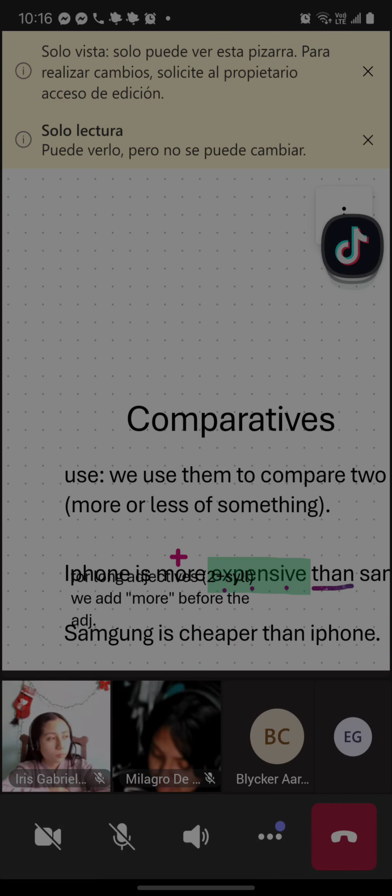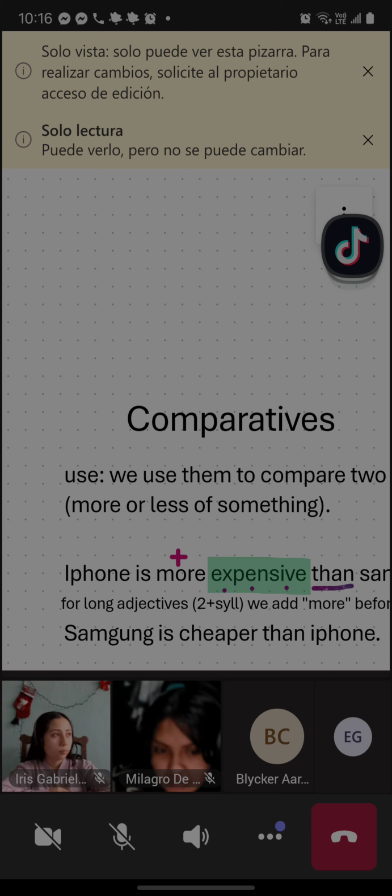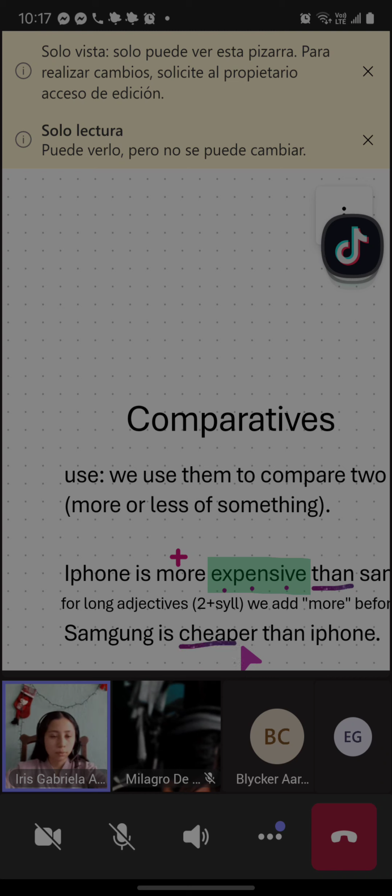Now, let's see the other. When we have a short adjective, how many syllables has cheap, guys? Only 1 syllable.